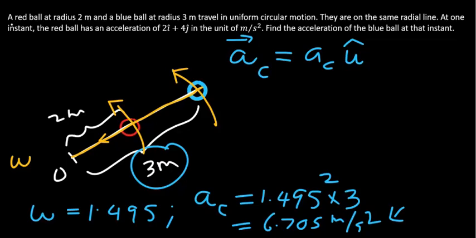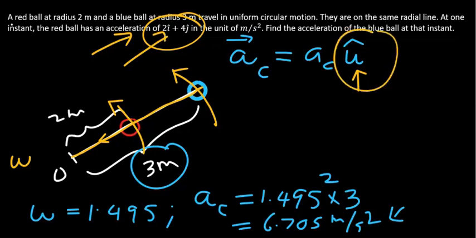So now all we have to do is to determine that unit vector along that radial line. Now we do know the unit vector for that direction must be the same unit vector for that direction, because that corresponds to the acceleration of the red ball. Since the accelerations of the red ball and the blue ball are in the same direction, all we need to figure out is the unit vector along that direction. And that will be your u hat.